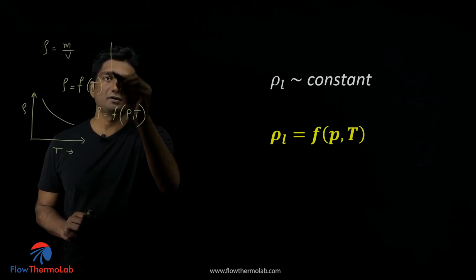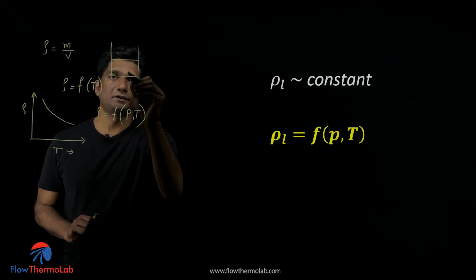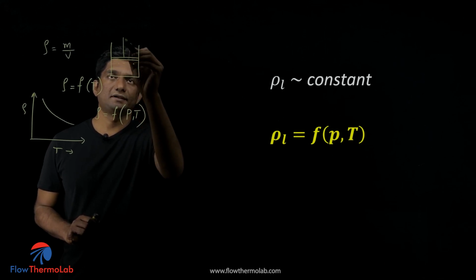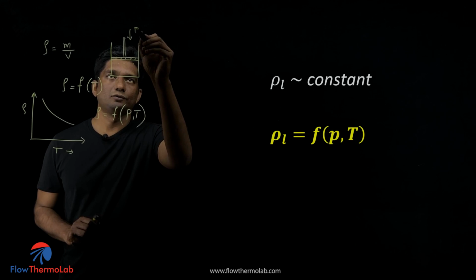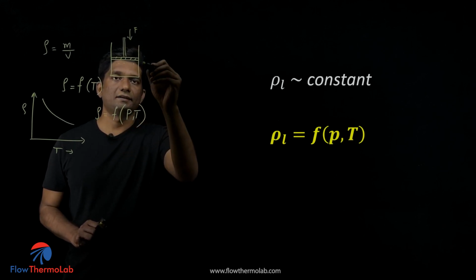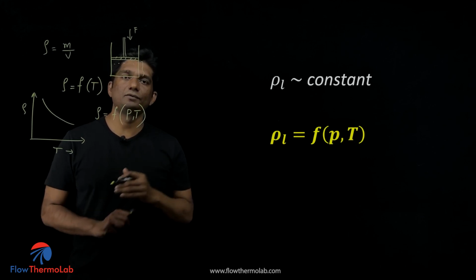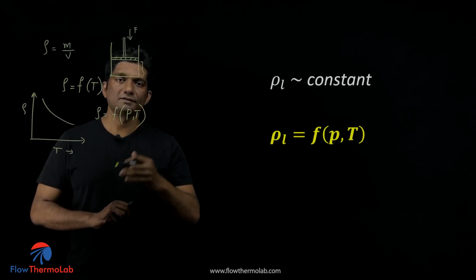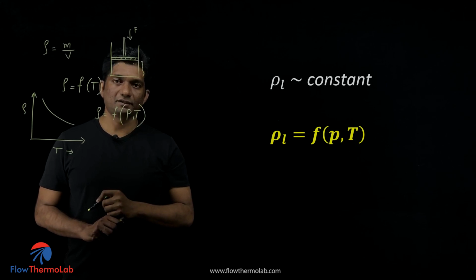Normally, let's say this is liquid inside a piston arrangement, and you apply some force or pressure here and try to compress it. If it is liquid, it's not going to compress much, right? The density is not going to change.